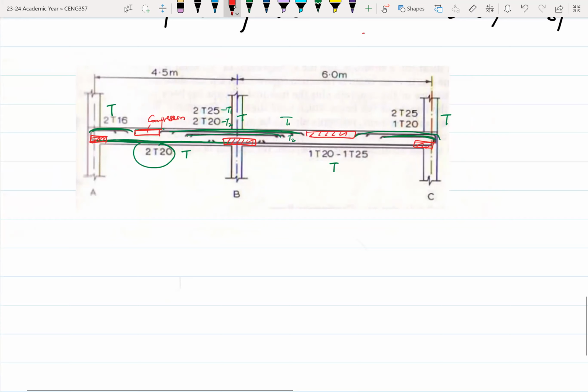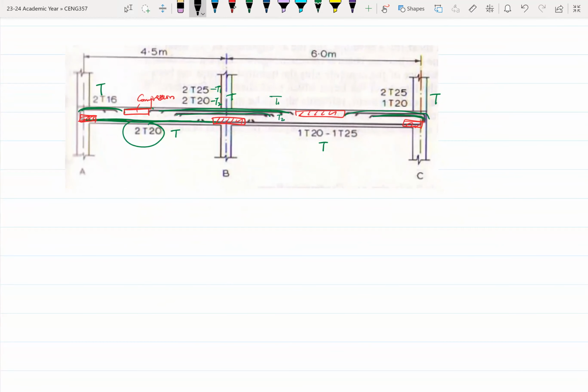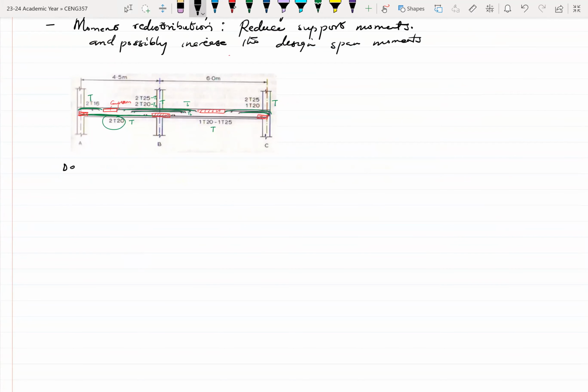Now let's look at the design of continuous beams. Whatever we learn right now ties in with slabs in a way, but I will discuss with you maybe what goes into it a bit more.